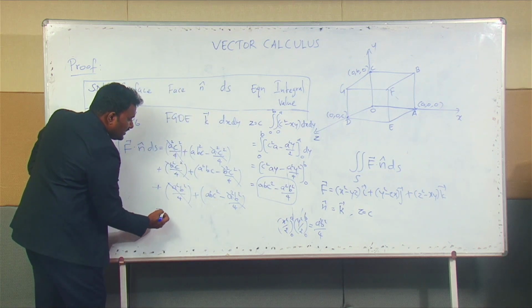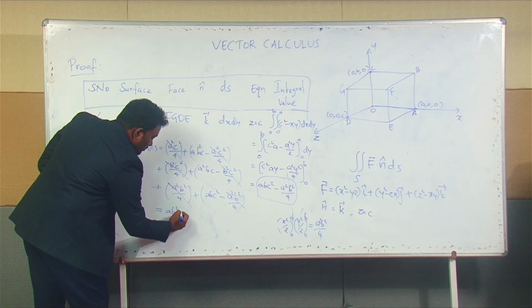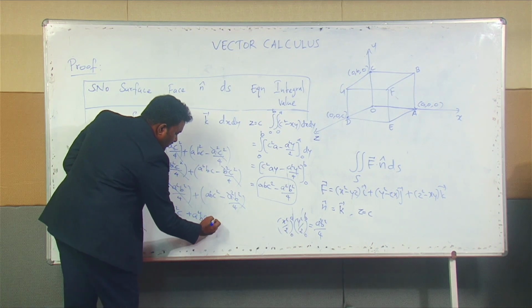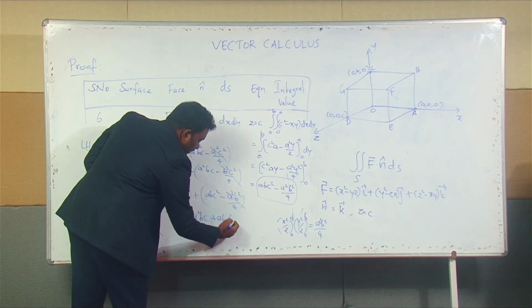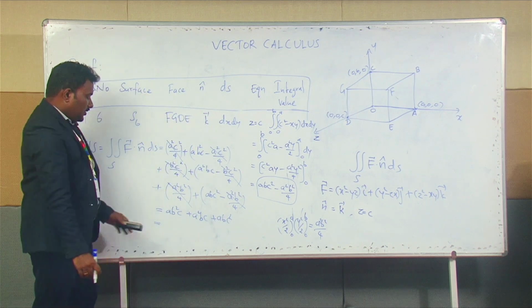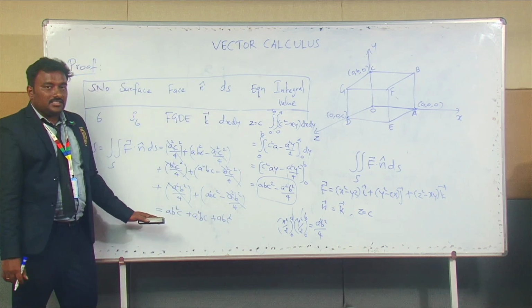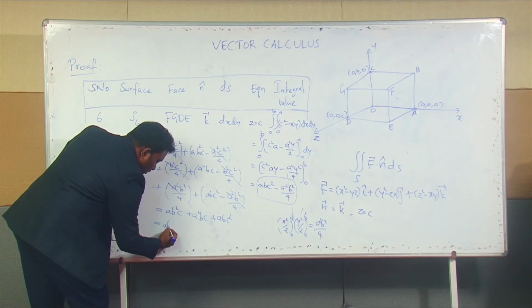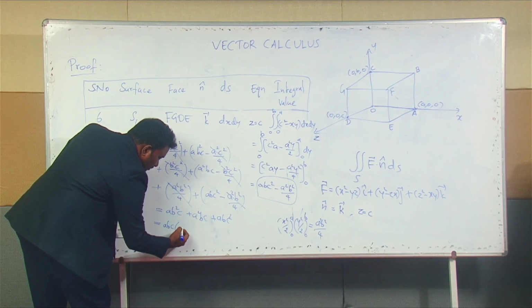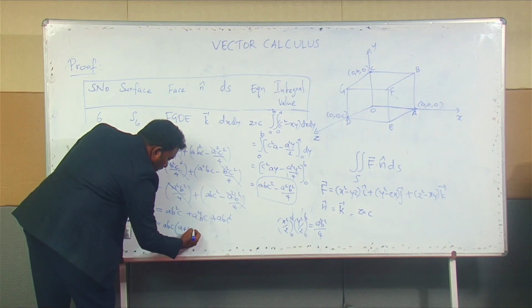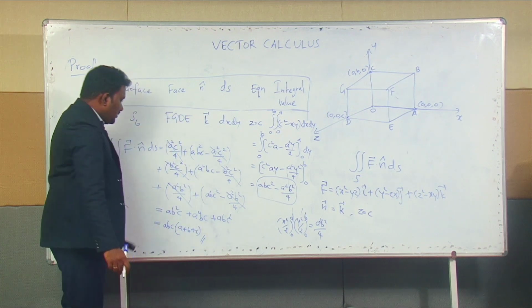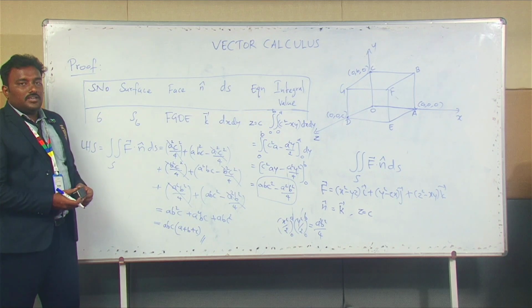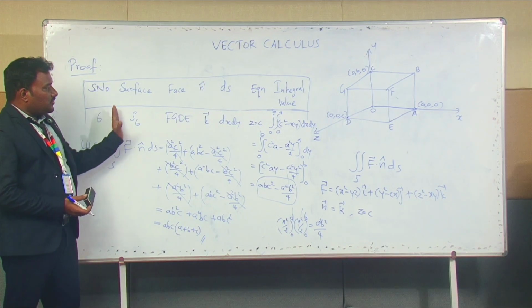So, we will be getting the remaining as a b squared c plus a squared b c plus a b c squared. Now a b c is common in all the three integrals, so we can take it out, and it will be a plus b plus c. This is the answer for the left hand side, the double integral value. Now we have to go for the right hand side.